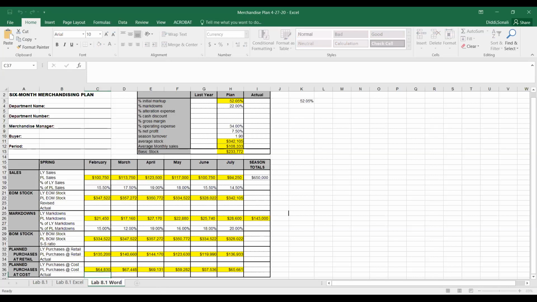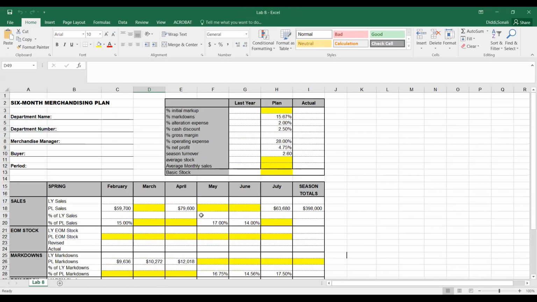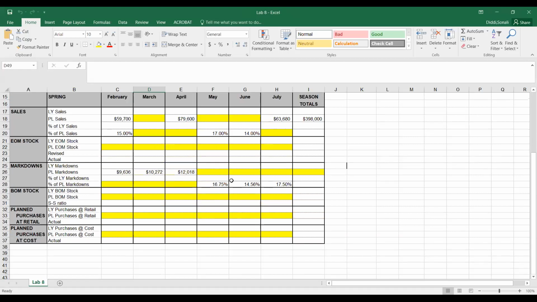Now for the lab 8.1, we're going to do the Excel and Word for that too, and then do the other one on our own as well. So this is what is posted on Canvas. Oh, I need to make a new share. Okay, so everybody can see this.